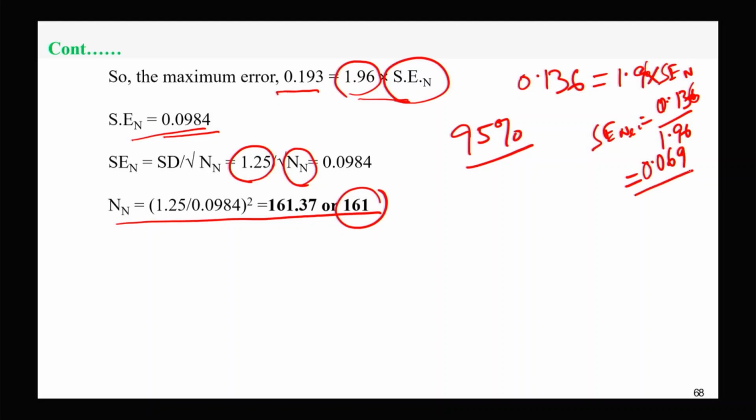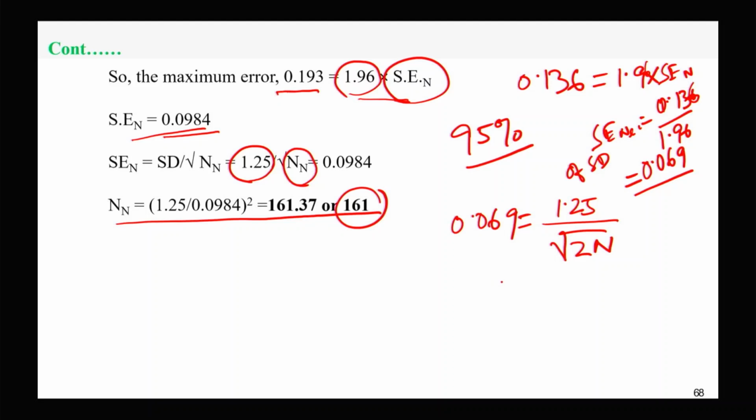This is the standard error of standard deviation. Now the standard error of standard deviation, 0.069, is equal to the standard deviation of the population, 1.25, divided by the square root of 2n.